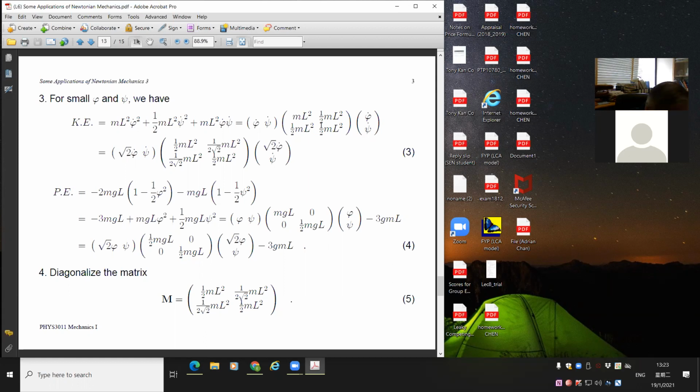But my advice is, in most cases that you often encounter, either the kinetic energy is diagonal or potential energy is diagonal. You encounter this kind of problems very often. If you do, then this systematic approach of transforming the system is preferable.